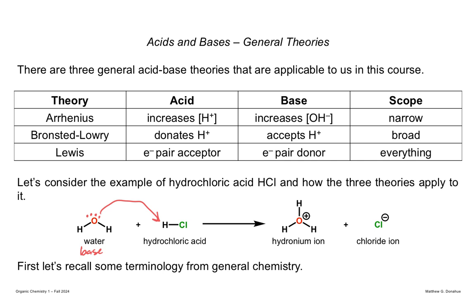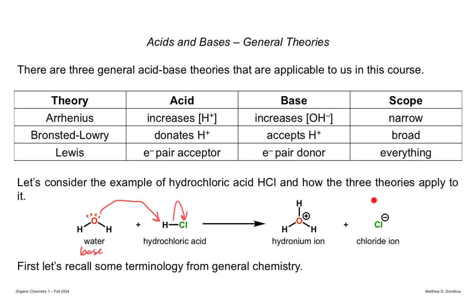In terms of writing a mechanism, we're forming an OH bond. We still want to obey the Lewis dot structure, so now we have to break another bond. And so the next arrow will start between the H and the Cl. And then the chlorine is going to get the electrons in that bond. So we form hydronium, we form chloride.